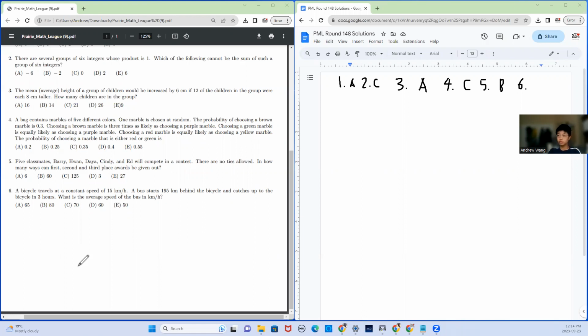So we'll list out all the information we know. We'll set bicycle as B, and we'll set a bus as U. So we know the speed of the bicycle is 15.